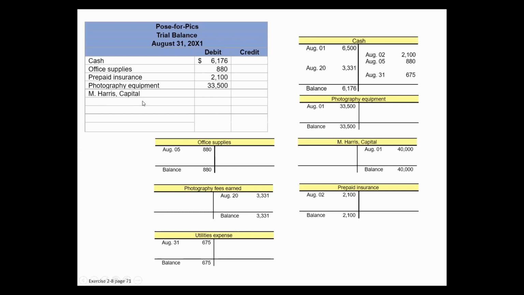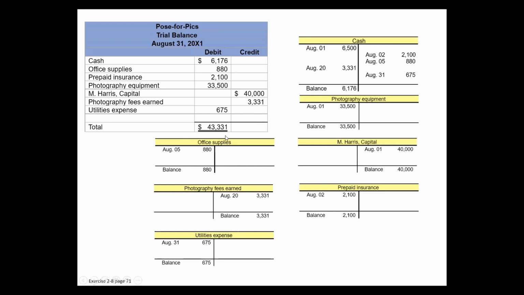Then we have her capital of $40,000. Again, that's a credit because that's on the other side of the equation, and we see she had a positive balance there. Her photography fees earned was $3,331. And then she had utilities expense of $675, and that's going to be a debit because it's an expense.